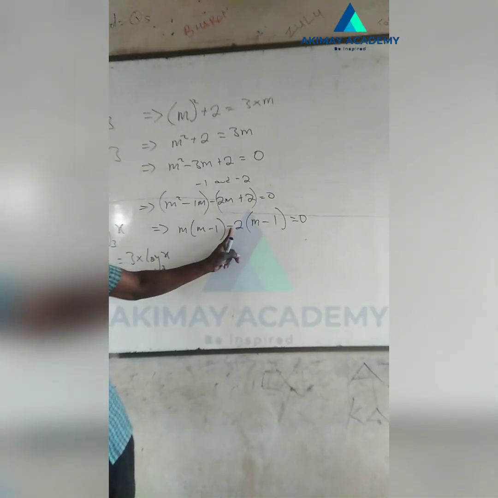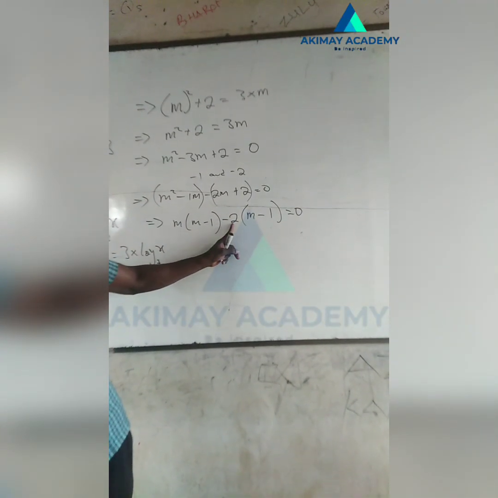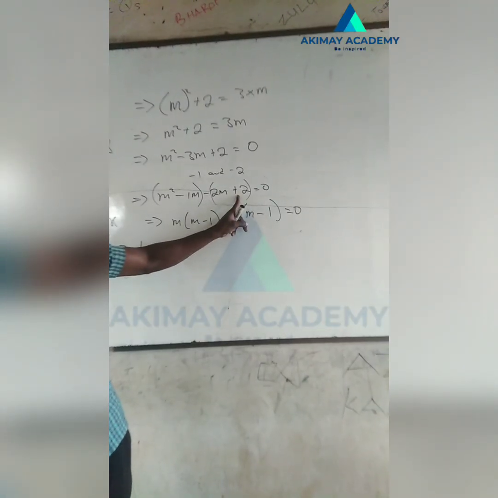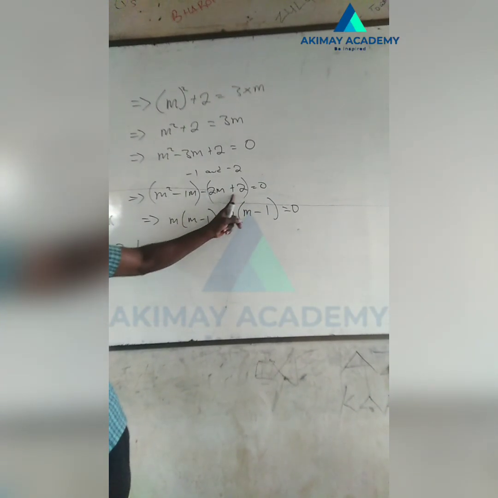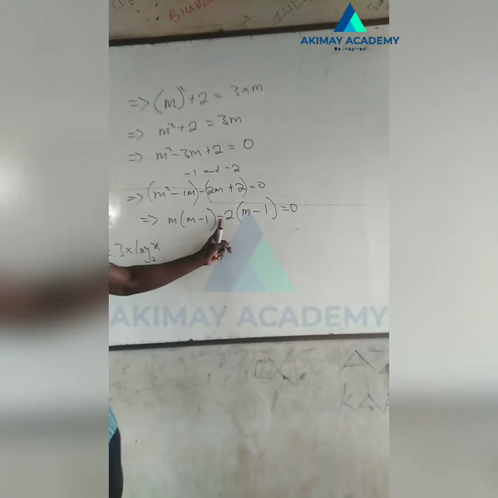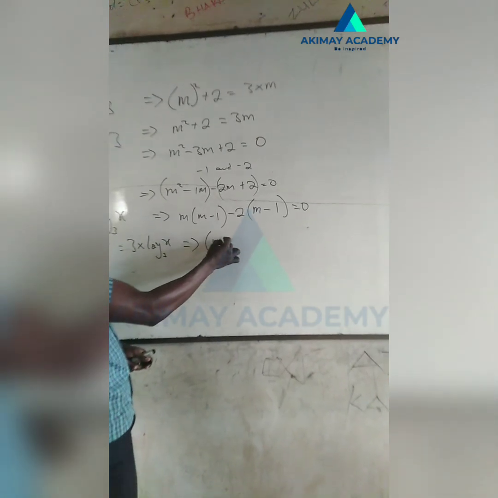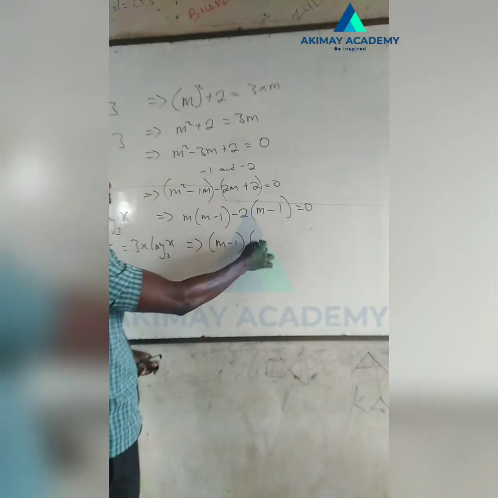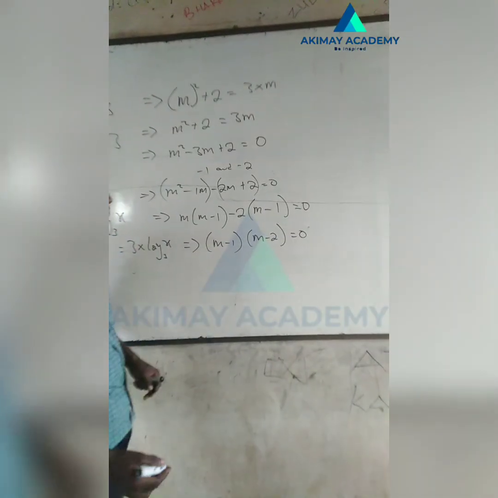It's because of this negative sign which is coming at the back. So that when we are expanding, negative 2 times negative 1 gives us the positive 2 back. That's why the positive sign over here has been changed to negative, because of this negative sign at the back. Okay, so here we take m minus 1 and m minus 2 equals 0.